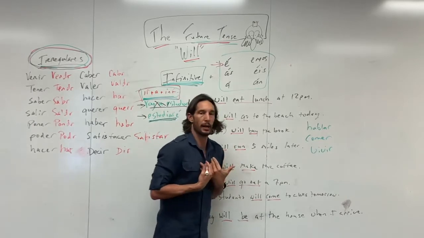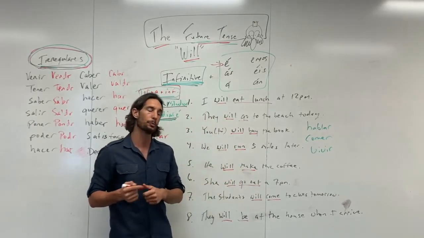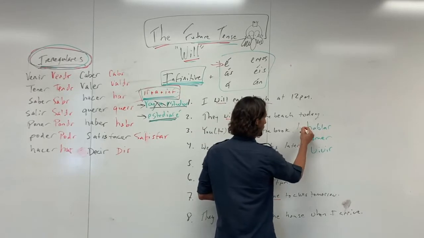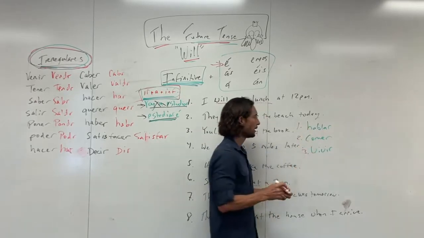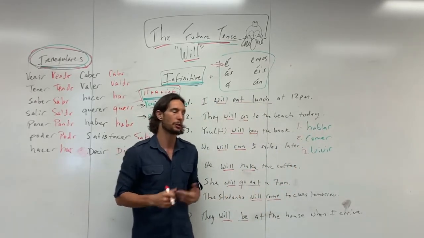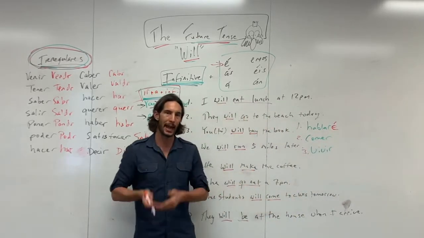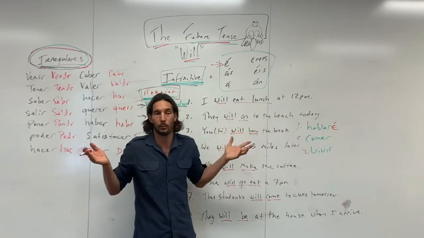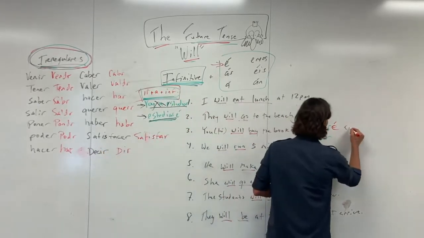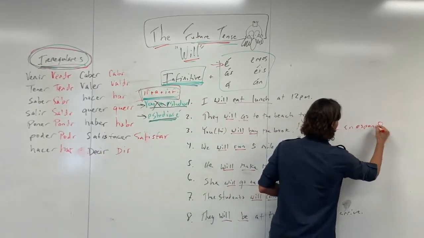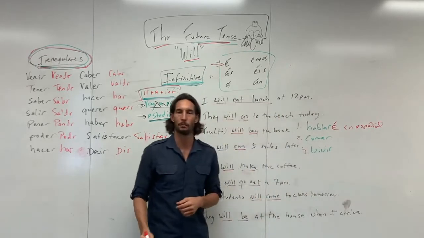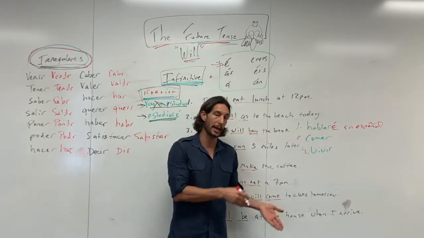So let's go back to the example. I will speak in Spanish. We'll call this number 1, number 2, number 3, right? And so I want to say I will speak in Spanish. So I would just put hablaré, right? I'm attaching that ending right to the infinitive. En español. Hablaré en español. I will speak in Spanish. That is exactly what you're saying.